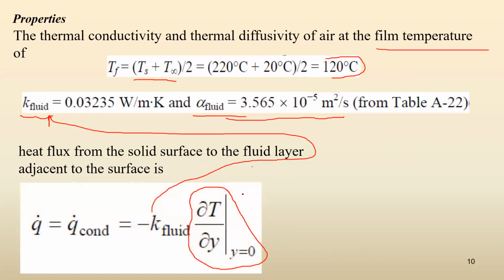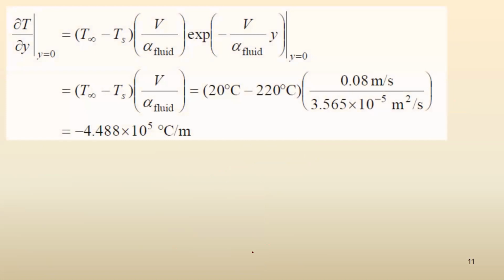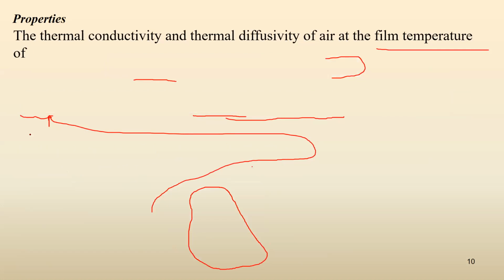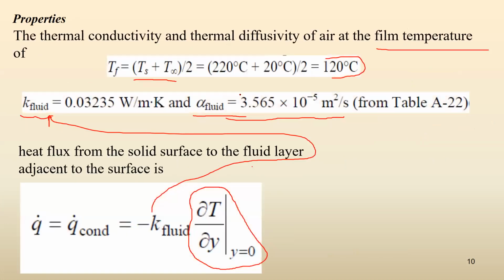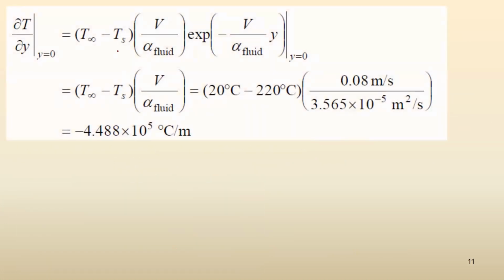So we can calculate the temperature gradient at y equals 0 very easily. So we need to differentiate, we calculate the derivative of this equation first. This is an exponential term. So its derivative is going to be equal to this.